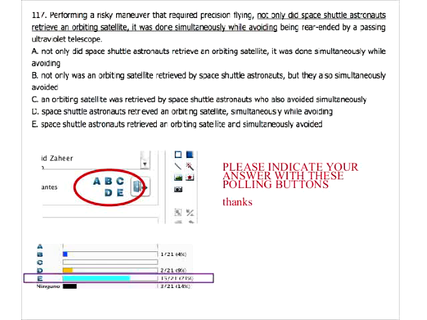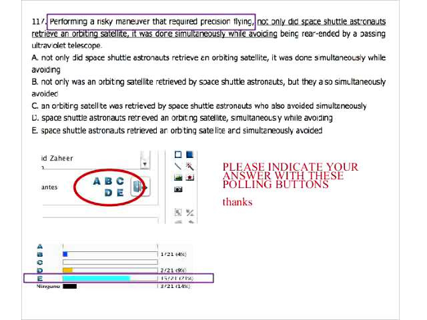We have an initial modifier that says performing a risky maneuver that required precision flying. That's an initial ING modifier. So when you have an initial modifier that starts with ING, you need to be talking about the following subject.